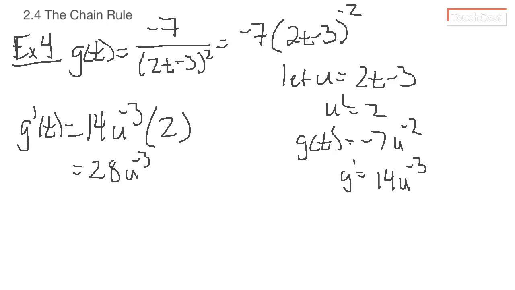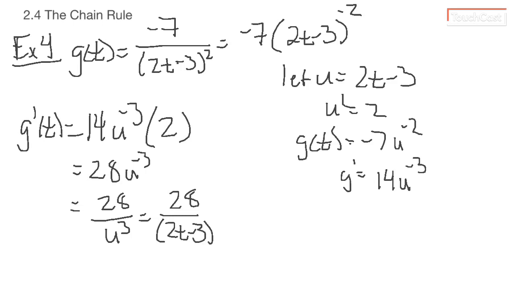I'm going to take care of this negative exponent quick, so I'm going to rewrite this as 28 over u cubed, and then I'm going to replace the u with what we let u equal. So this is going to be 28 over quantity 2t minus 3 cubed. And then we're done finding that derivative.